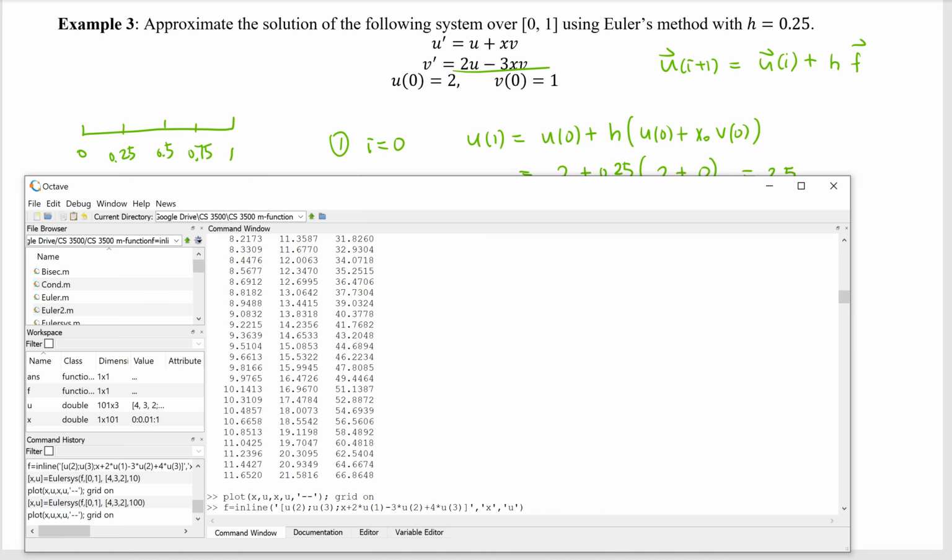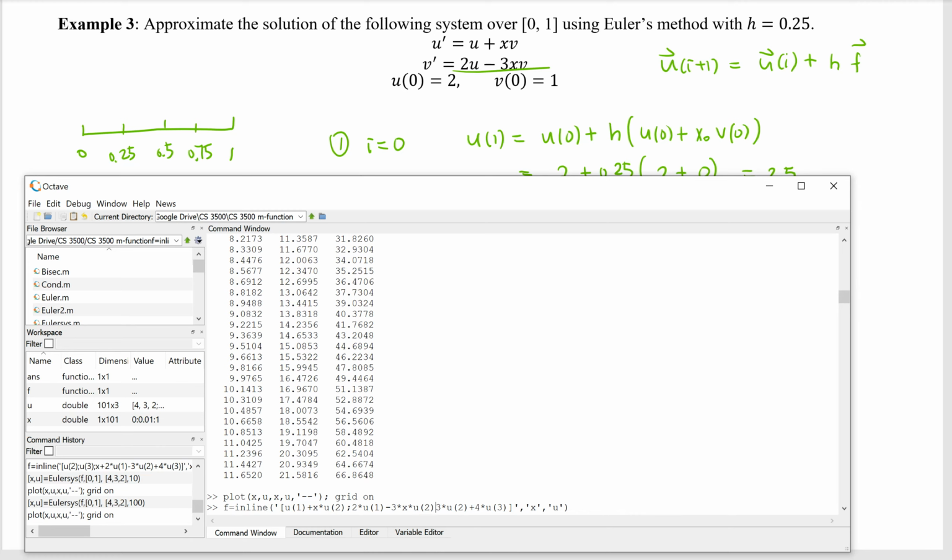Then the first one, u plus xv, is u of 1 plus x times v, where v is u of 2. Second one, we have 2 times u, where u is u of 1, minus 3 times x times v, which is u of 2.